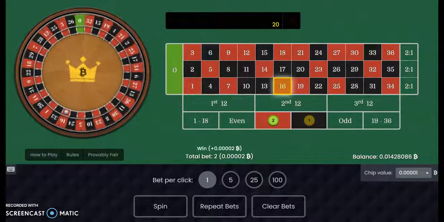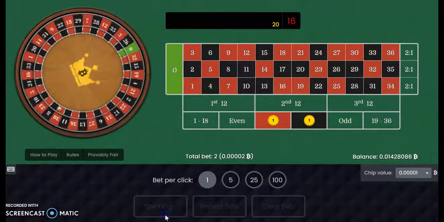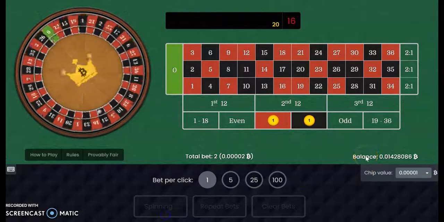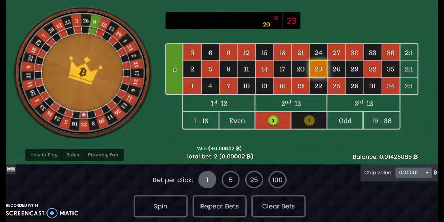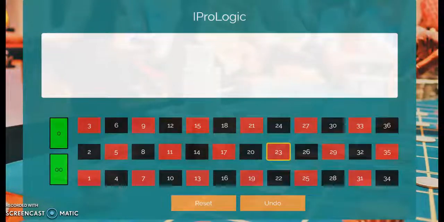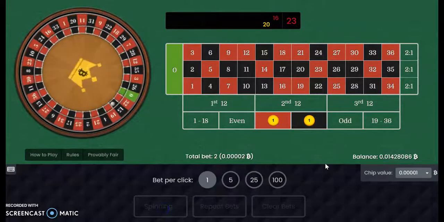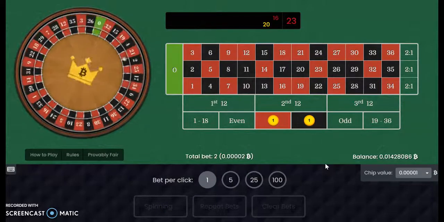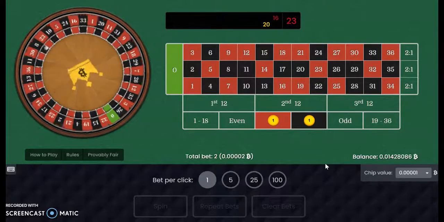Okay, it's 16 and so forth. Once the numbers start populating, then we're going to begin to play, but it has to have all 4 sequences of 6 numbers. 23, I'll put that in. 11, put that in.